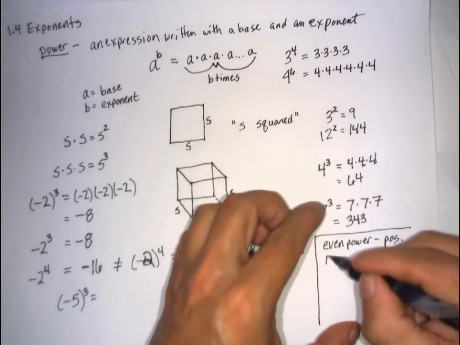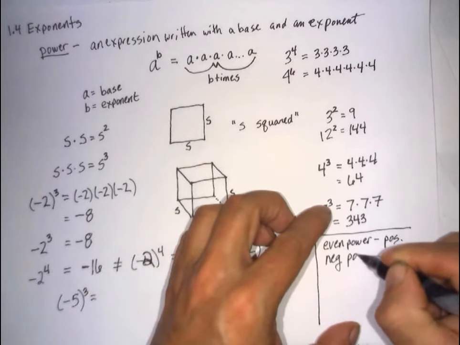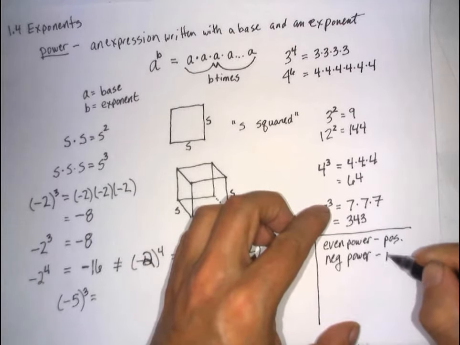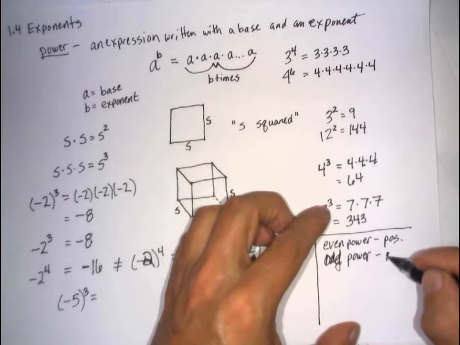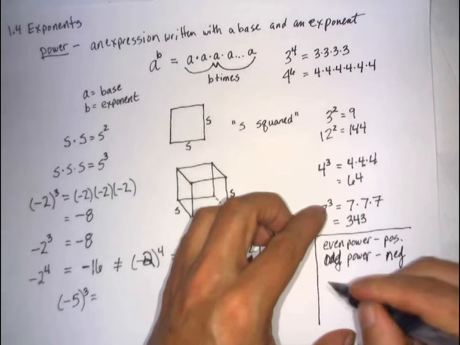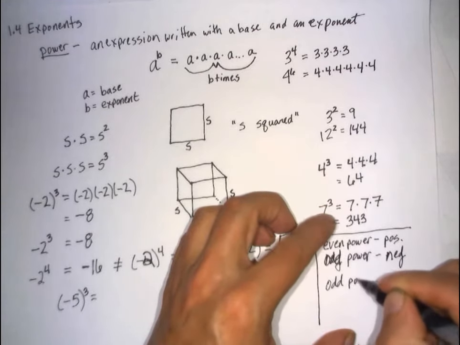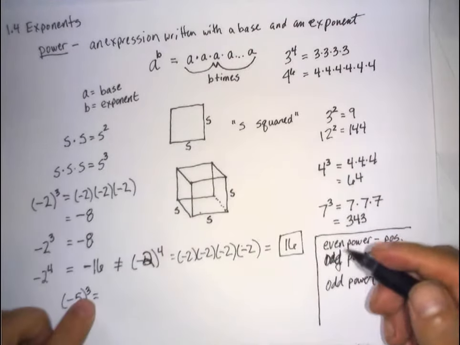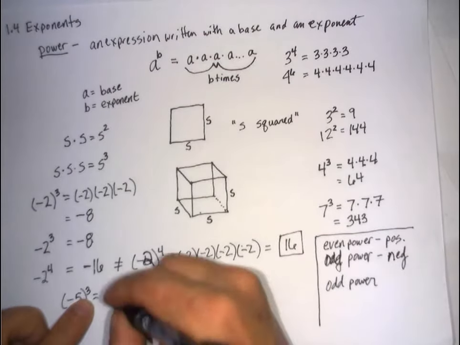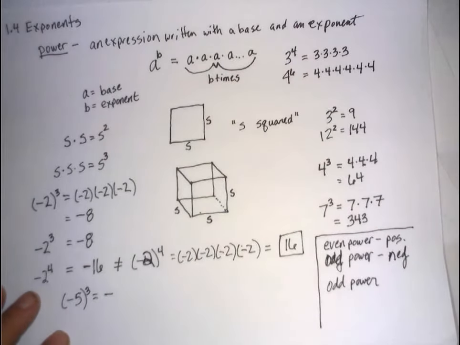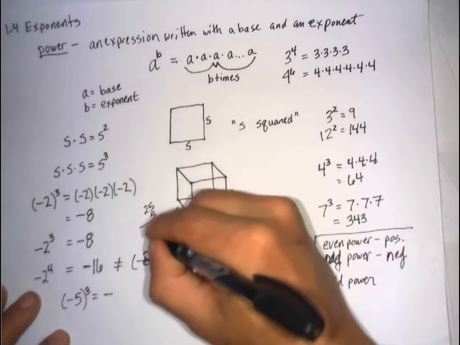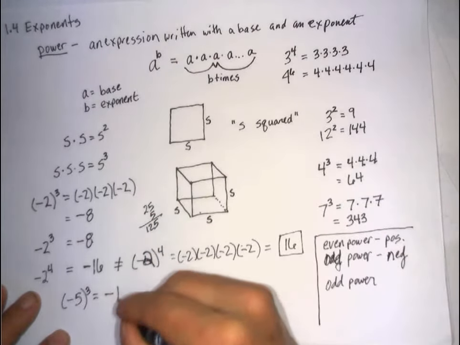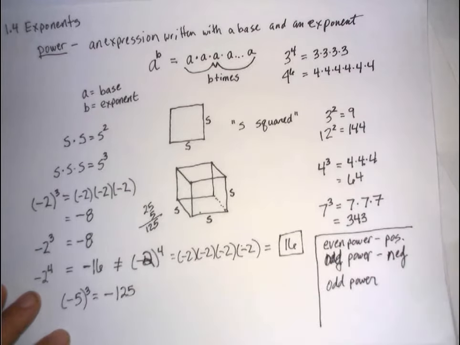If it's an odd power, it's negative. We have an odd power, so the result is going to be negative. 5 times 5 is 25, and 25 times 5 is 125. So negative 5 cubed is negative 125.